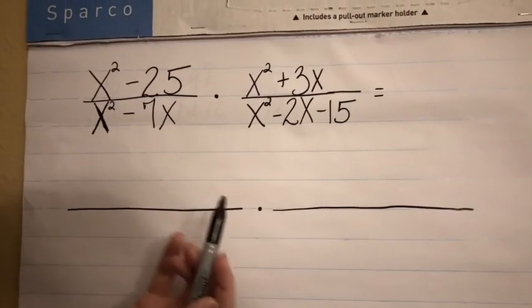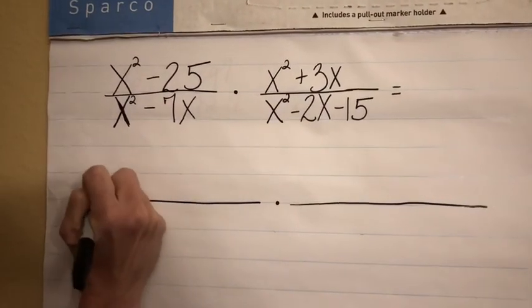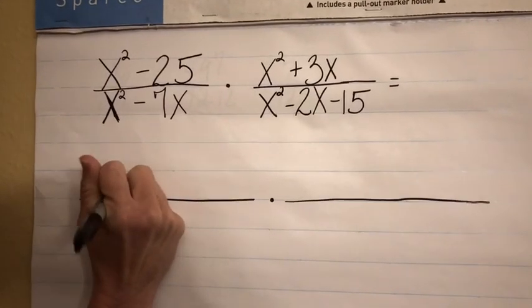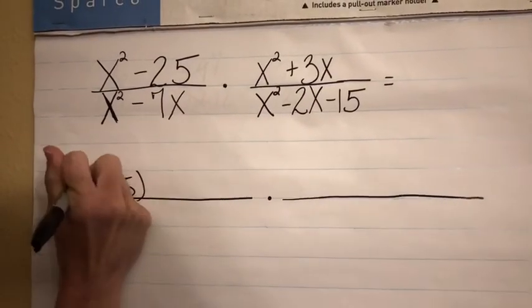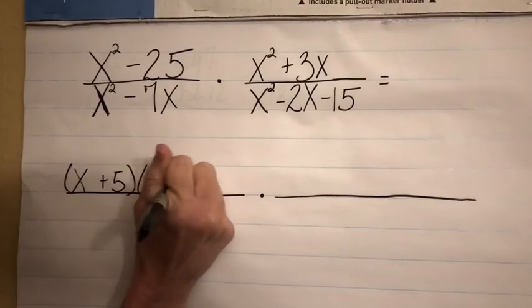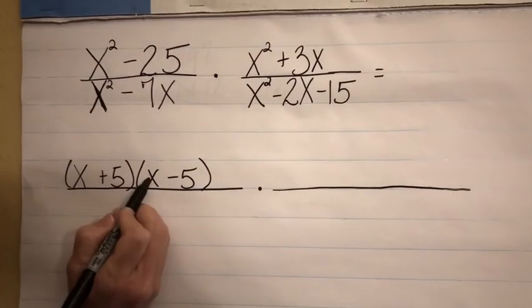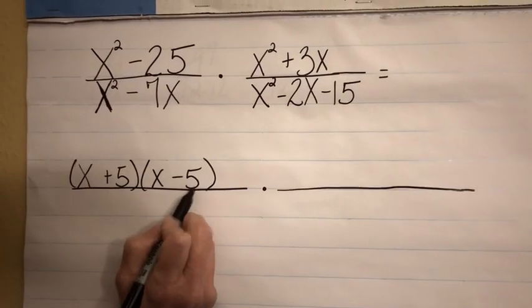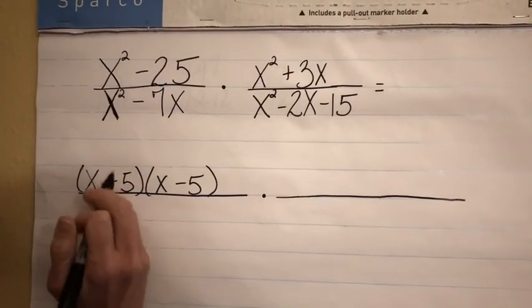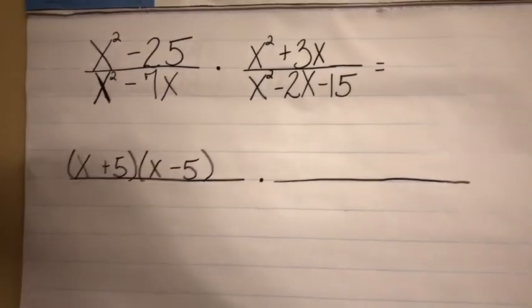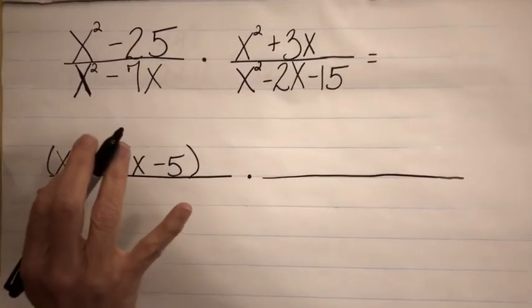So it is factored as x plus 5, x minus 5. Okay, because when we multiply back, we would get x squared minus 5x plus 5x minus 25. So our middle term gets canceled out.